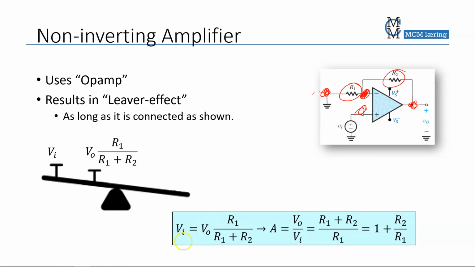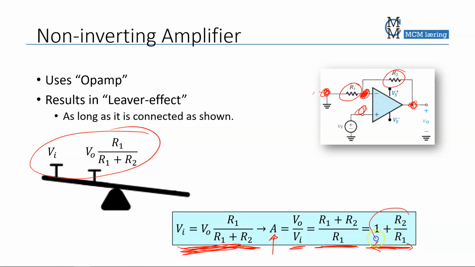Now this equation here is basically what the illustration here shows, and if we rearrange this to get V out over V in, which is the amplification A, you get this as a result, or also it can be presented like this. So it's 1 plus R2 over R1.